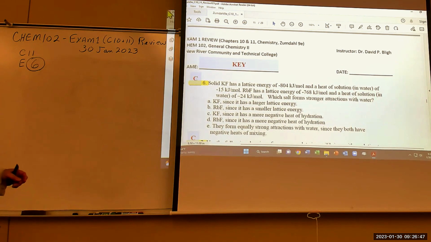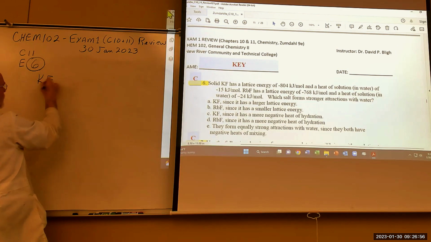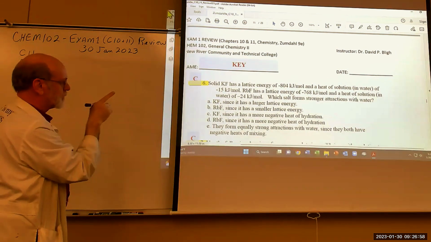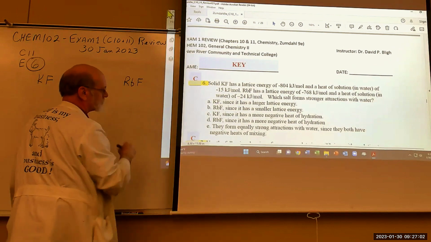6. Solid KF has a lattice energy of -804 kilojoules. I think this is the one where we got KF versus RbF, rubidium fluoride.